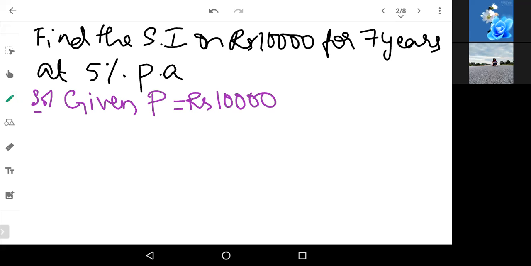So time, what is the time given to us? 7 years. R, that is rate of interest, R is 5% per annum.